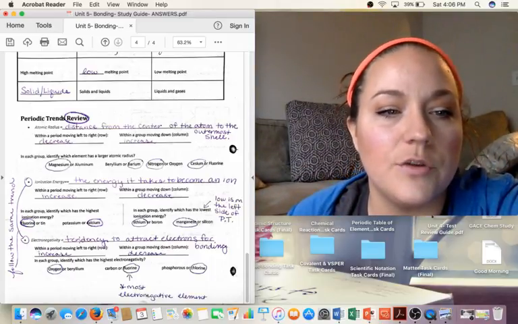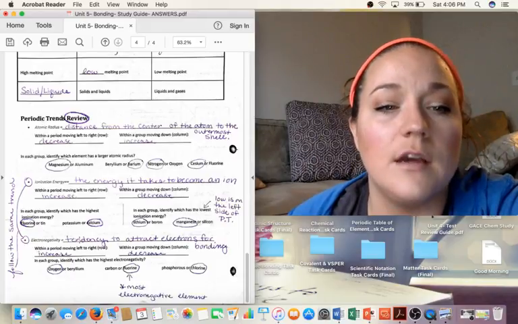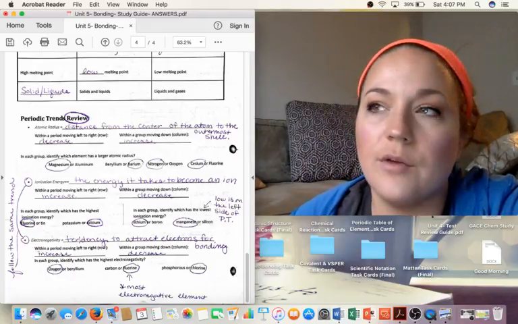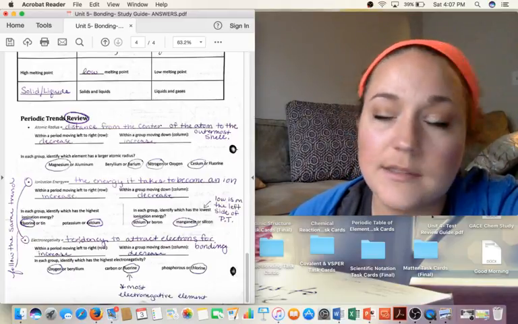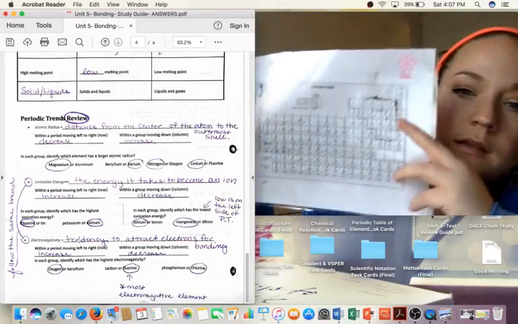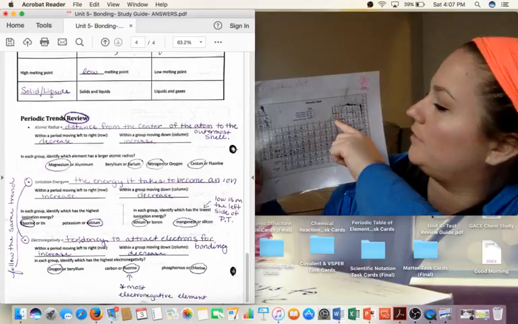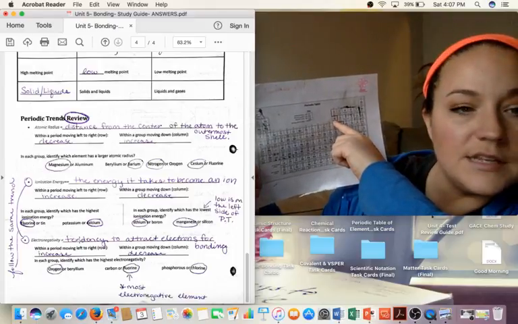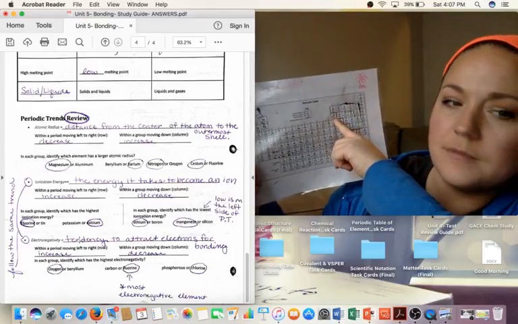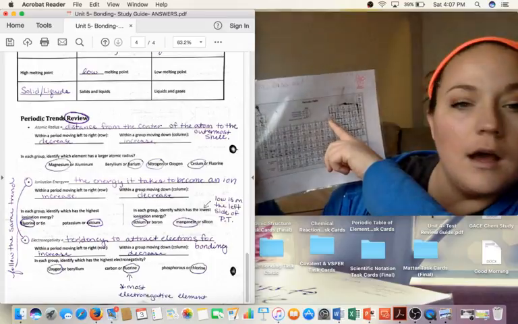It says in each group, identify which elements have the larger atomic radius. Magnesium is larger than aluminum. Magnesium is over here on the periodic table. Aluminum is over here. I think I said ammonium. I meant aluminum, by the way.